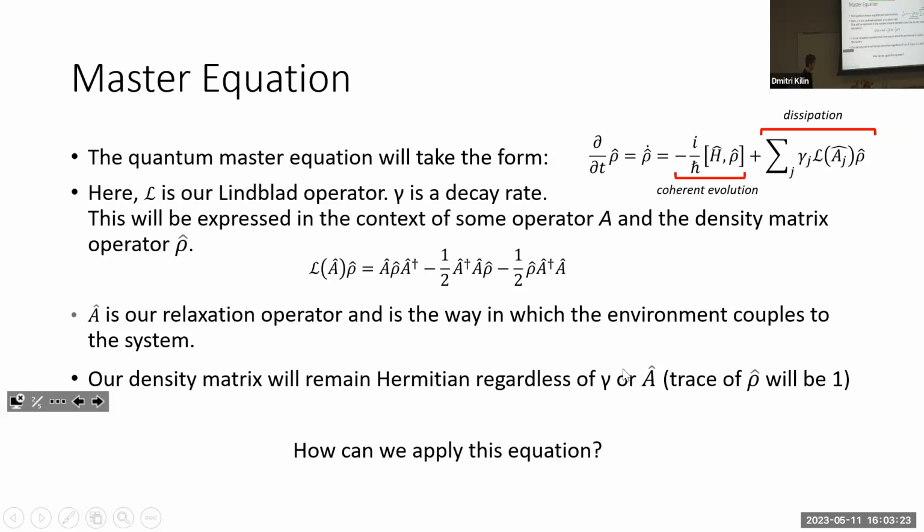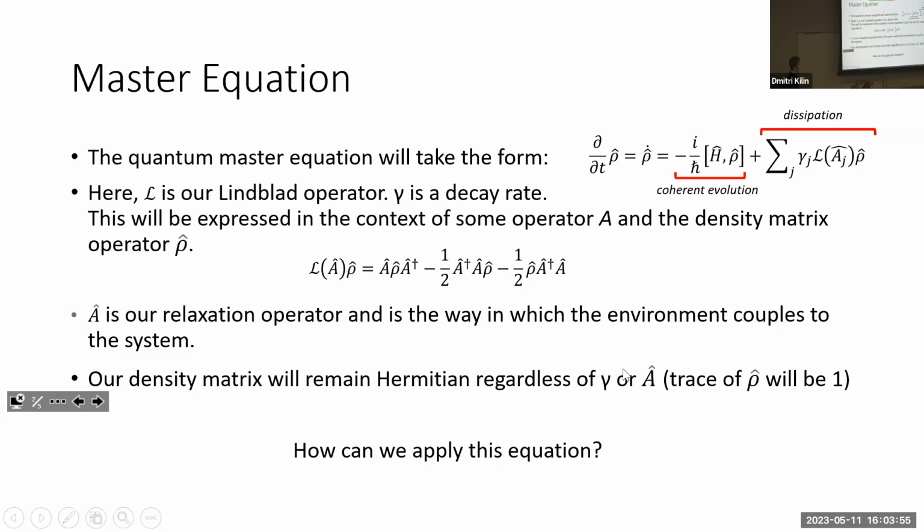Our master equation, like this one, has two main parts. The first part, we've probably all seen by now. It was included in a few presentations, but that's the part that describes coherent evolution. The second part is just the dissipative effects on the system. This L term, the Lindblad operator, is going to take this form right here.